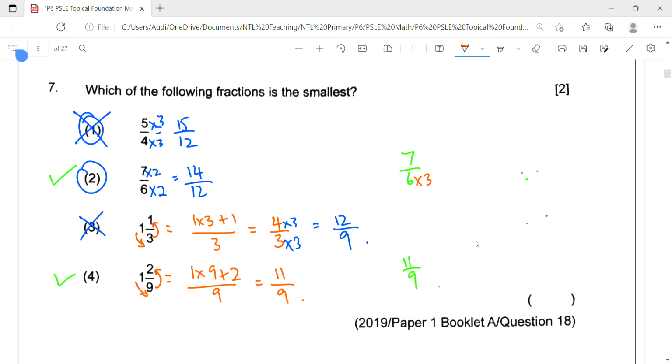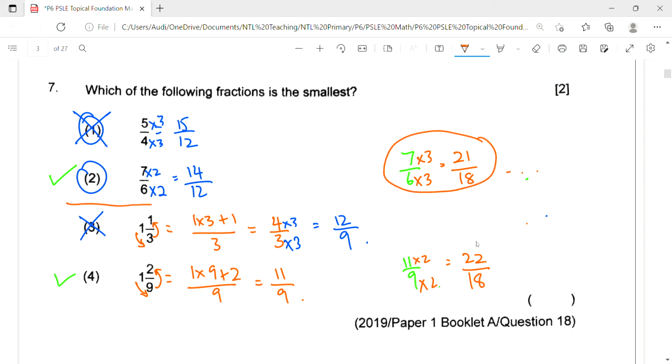So times 3, you get 21 over 18. Times 2, you get 22 over 18. Which one is smaller? 21 over 18 is smaller than 22 over 18, so our final answer is number 2.